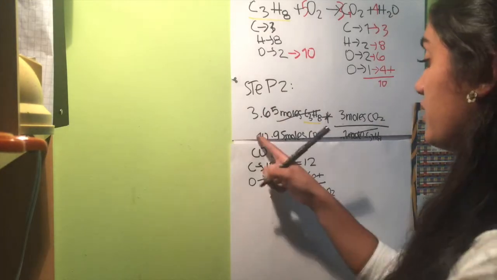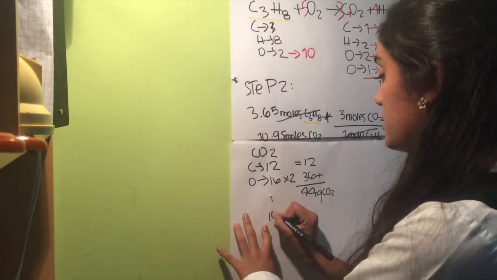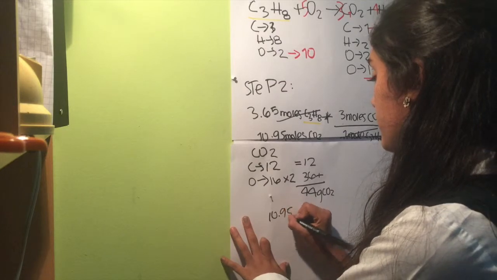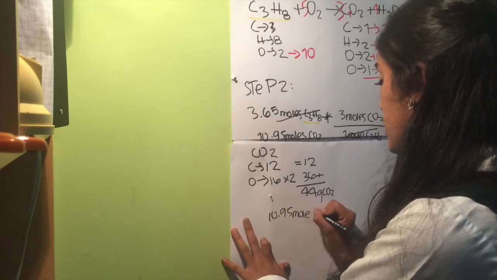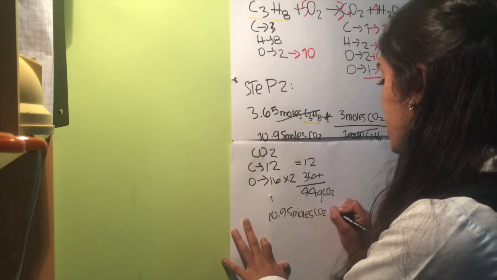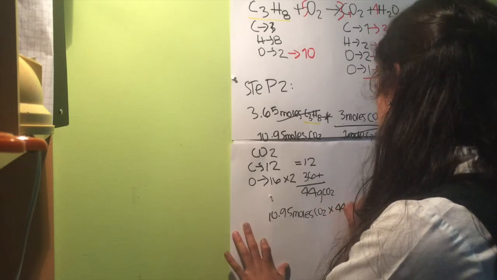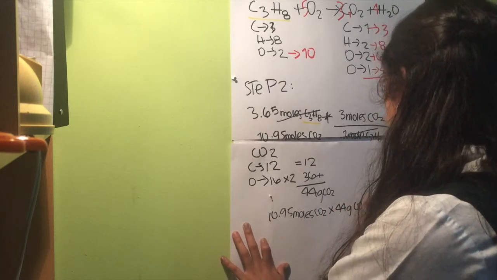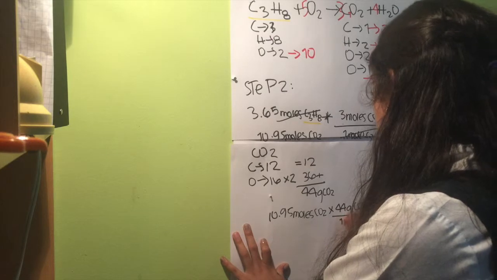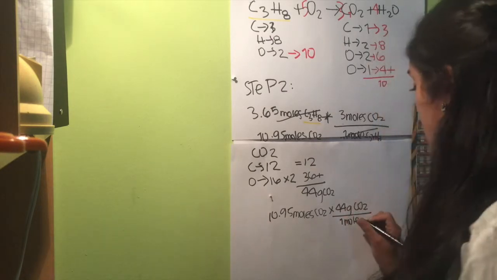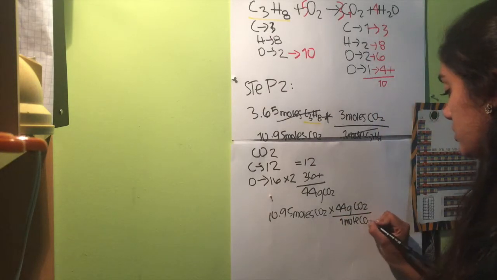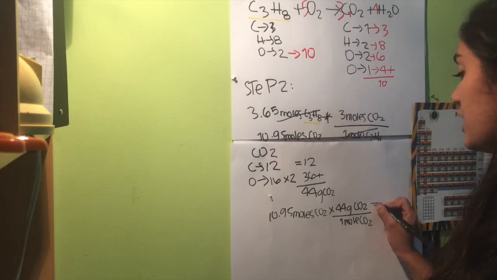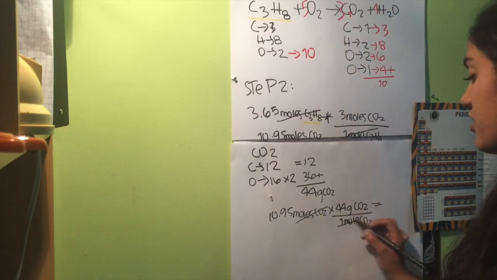Now we're going to take the number up here, 10.95 moles of carbon dioxide times 44 grams of carbon dioxide divided by 1 mole of carbon dioxide. And you're going to cross these two because they are the same.